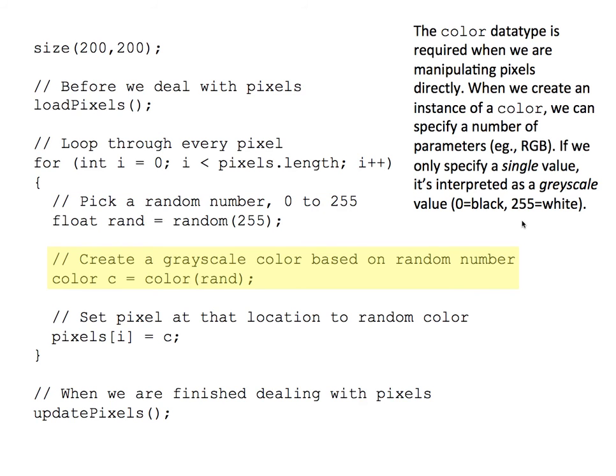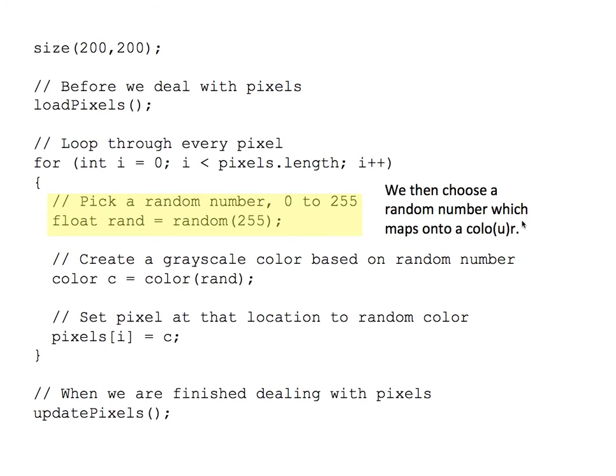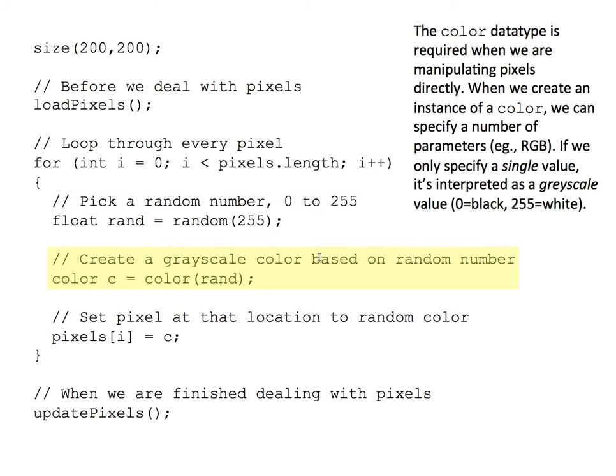Just before I go on, remember if we choose a single value for a colour, like the background for example, then Processing defaults to grayscale. We see this illustrated here, and this is new because we're using a new class, the color class, which is supplied with Processing.